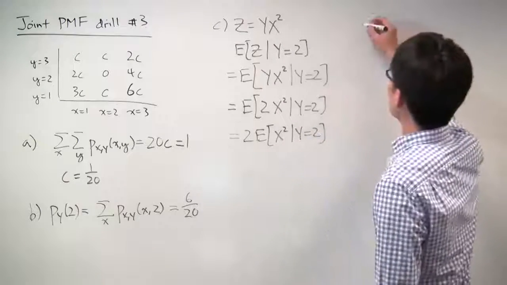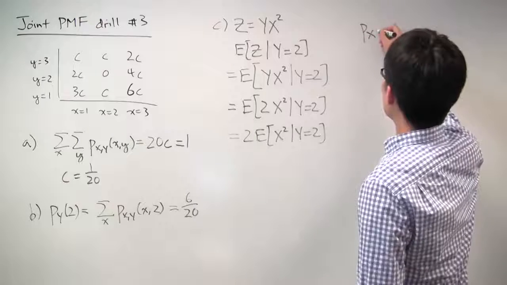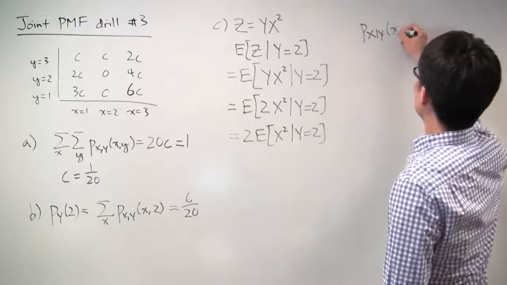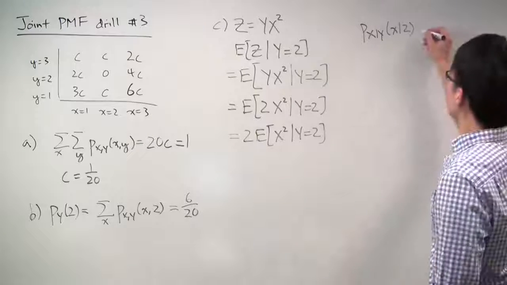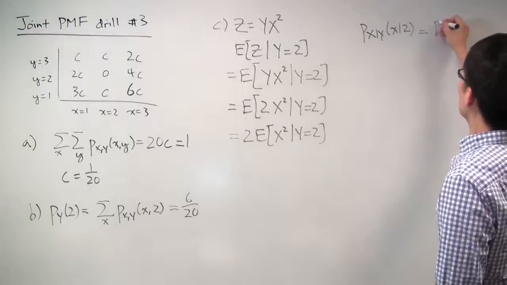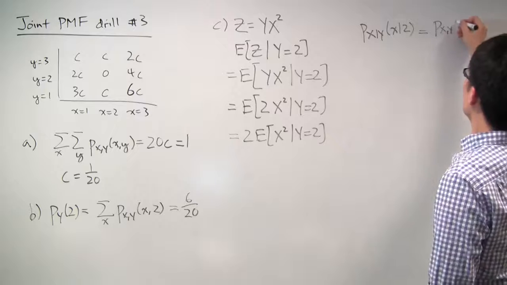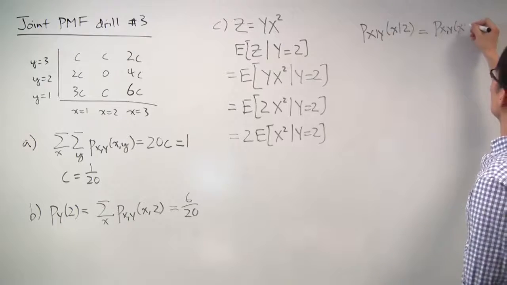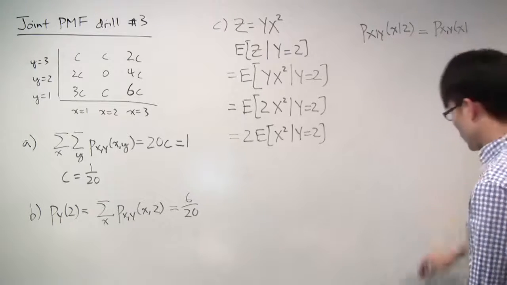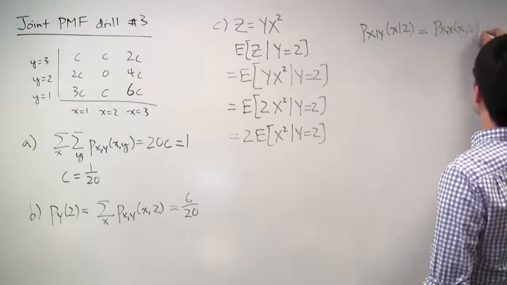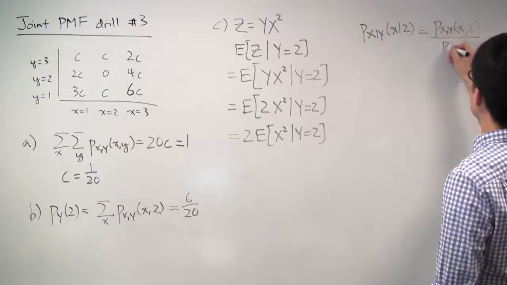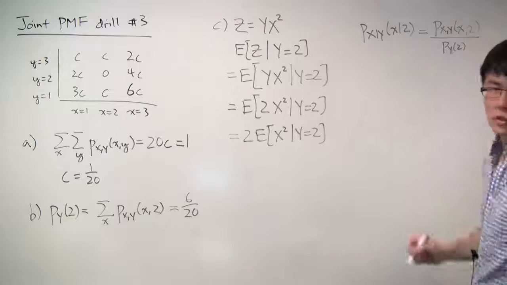All right, let's go up here. What is the conditional PMF of x given that y equals 2? So we know that the conditional is the joint divided by the marginal y equals 2.